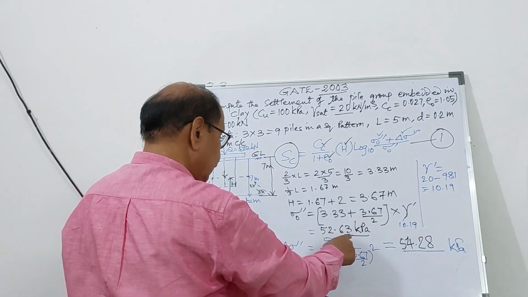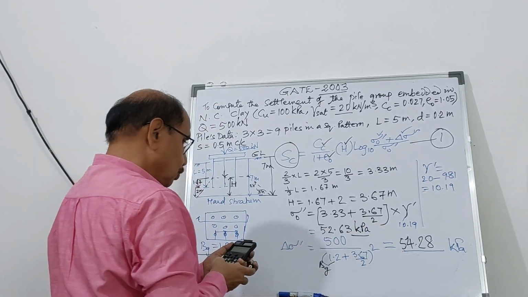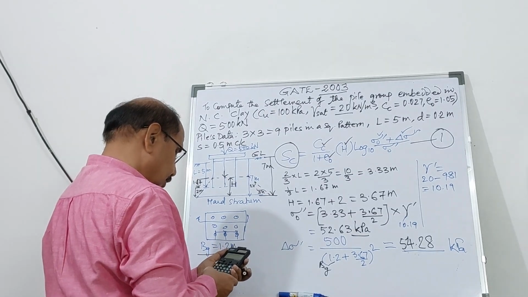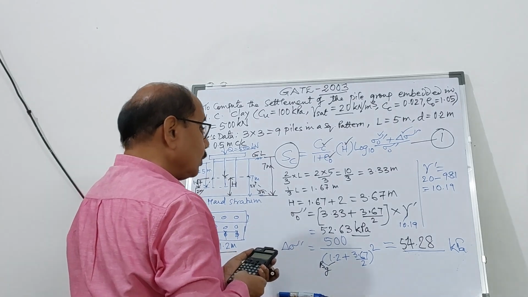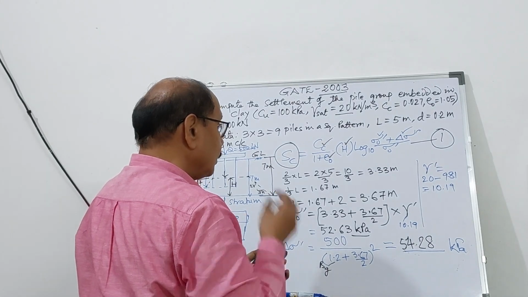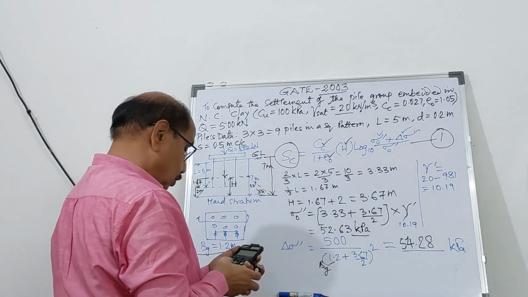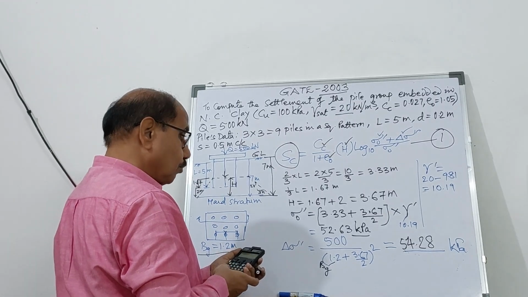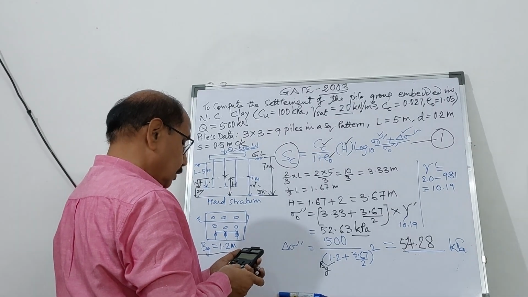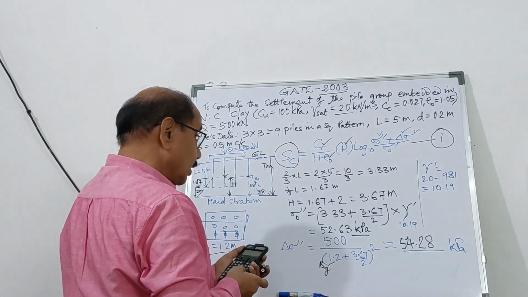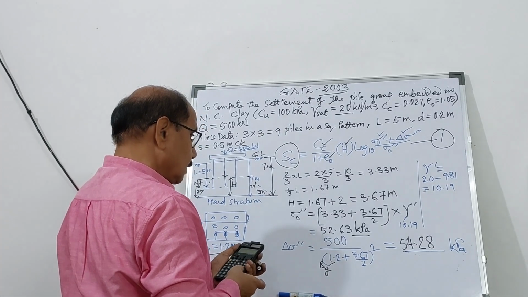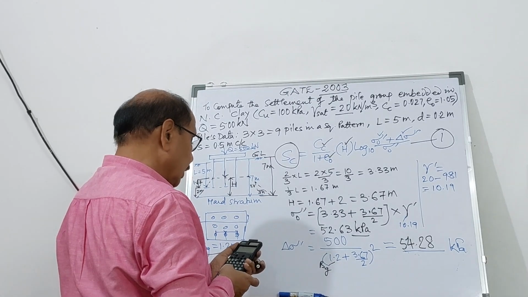Sigma naught prime is 52.63 plus 54.28, divided by 52.63.